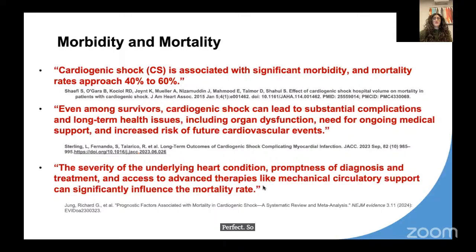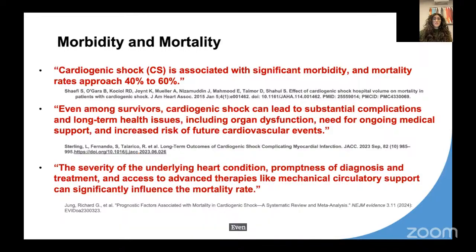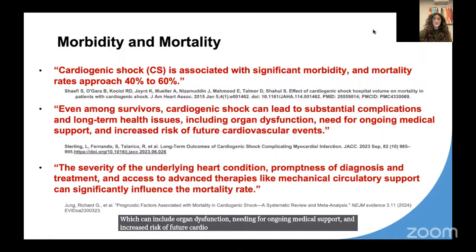Cardiogenic shock is, as you can imagine, a life-threatening illness. It is associated with significant morbidity and mortality. These rates approach 40 to 60%, so really high. Even among survivors, cardiogenic shock can lead to substantial complications and long-term health issues, which can include organ dysfunction, needing ongoing medical support, and increased risk of future cardiovascular events.